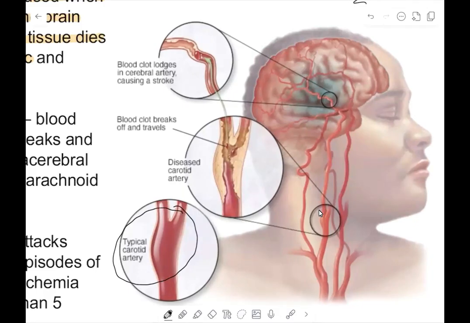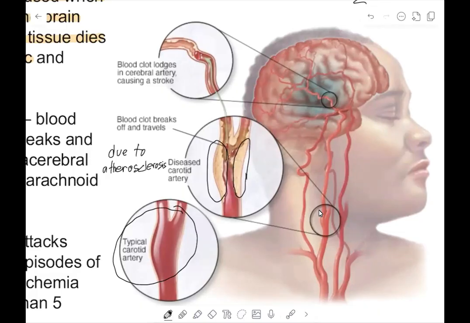But if we have a diseased carotid artery, and this diseased carotid artery could be due to something like atherosclerosis. And atherosclerosis is the buildup of plaque formation, which is going to make the diameter essentially of the carotid less.